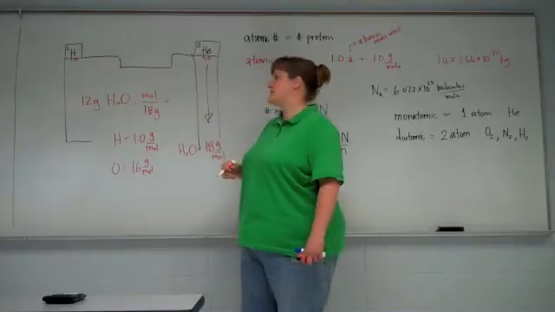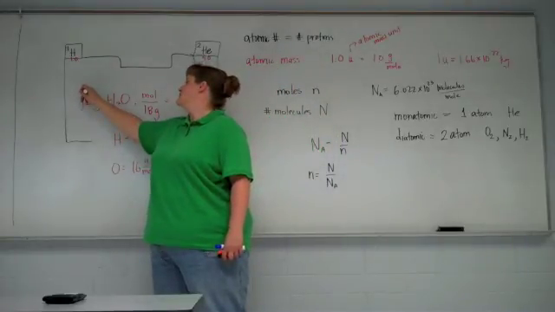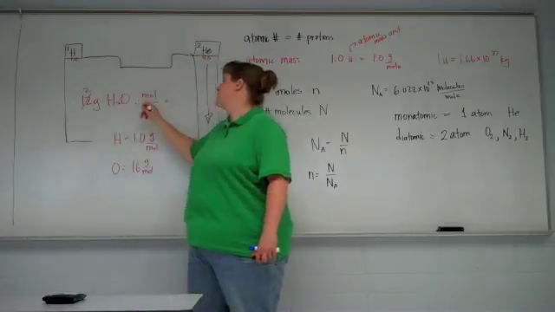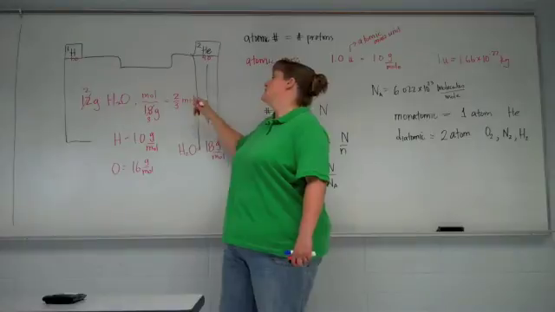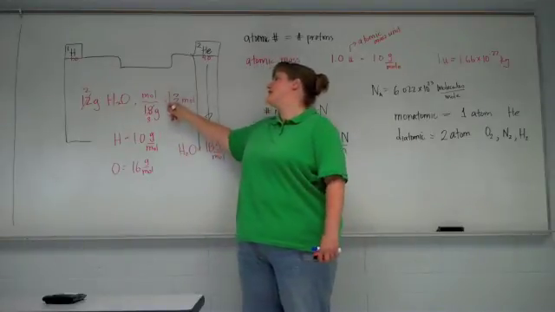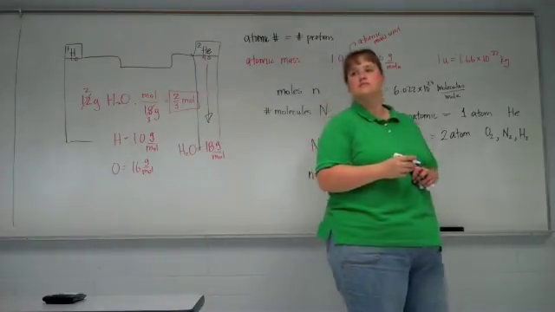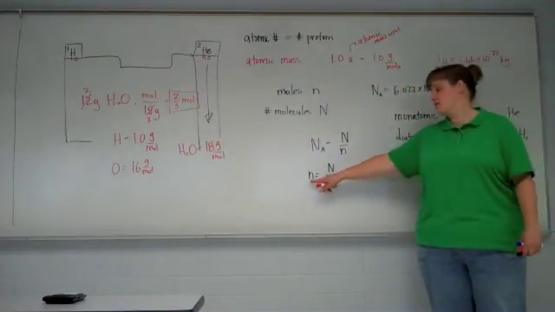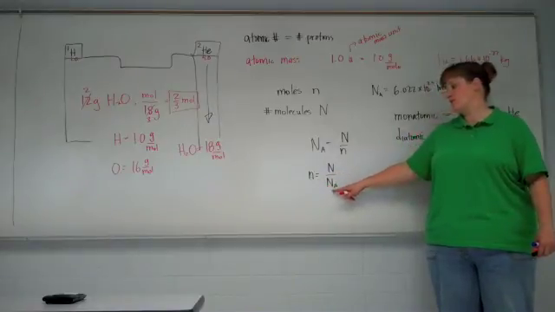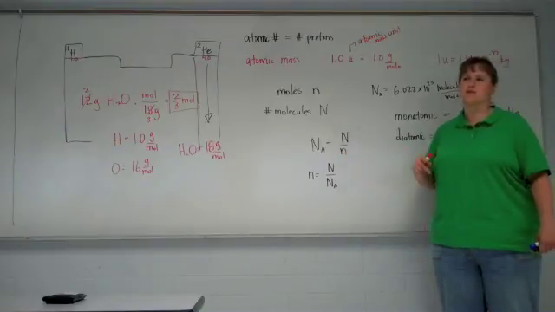So 12 over 18, let's see, 12 is 2/3. So if we have 12 grams of water, that's the same thing as 2/3 of a mole. Which, knowing the number of moles, if we multiply it by Avogadro's number, that will tell us how many molecules we have. So pretty easy going back and forth.